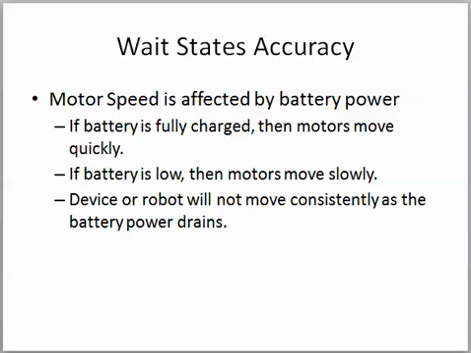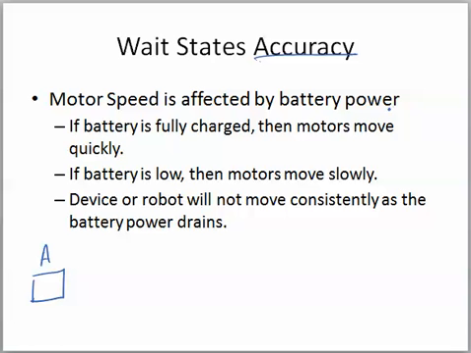This is something I want to point out: at some point you guys are going to have some type of device where you want a tray or something to be at a specific position. Well, motors are not a good way to move something back and forth. Motors are a good way to move an object forward and backwards, like a car, but it's not going to be very accurate. Motors have very low accuracy, and the reason is motor speed is affected by battery power.